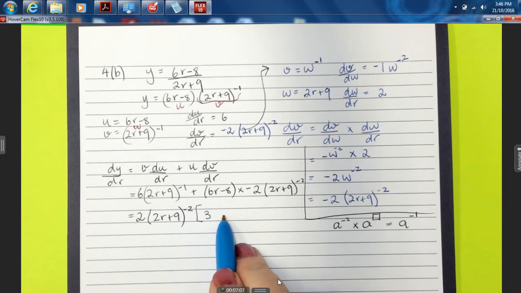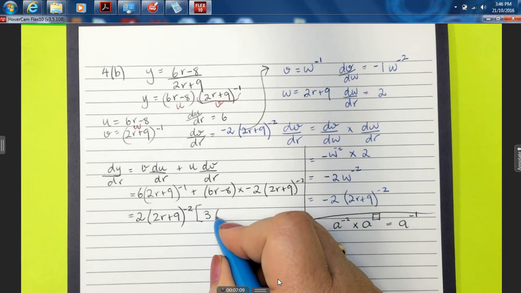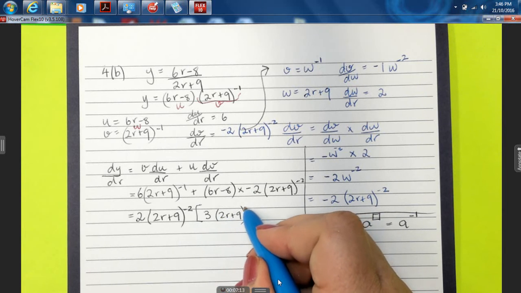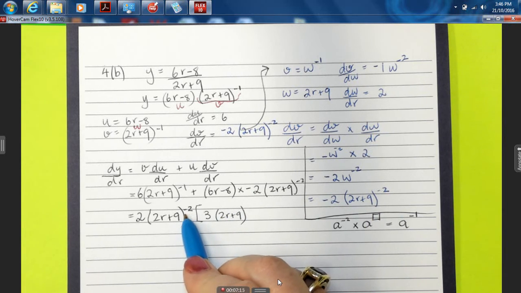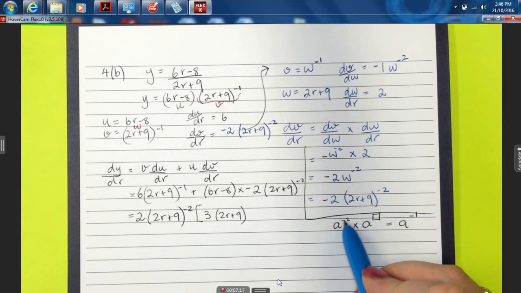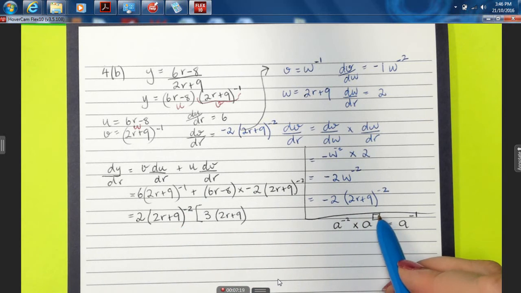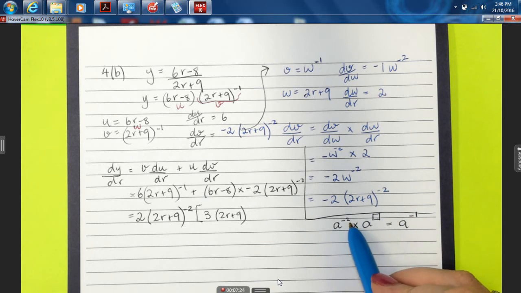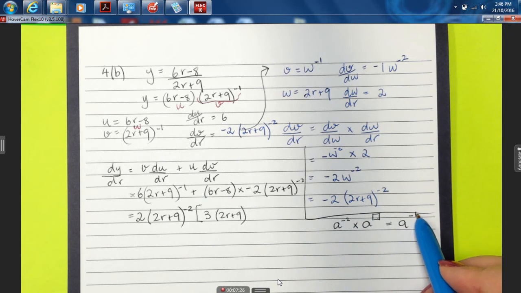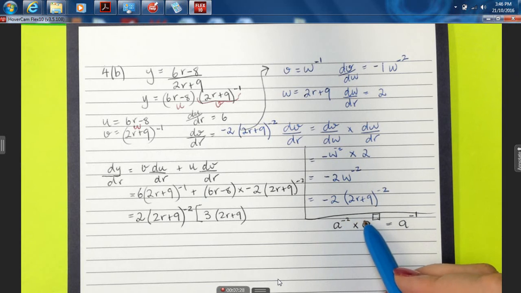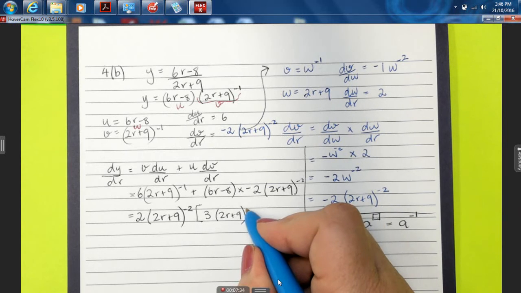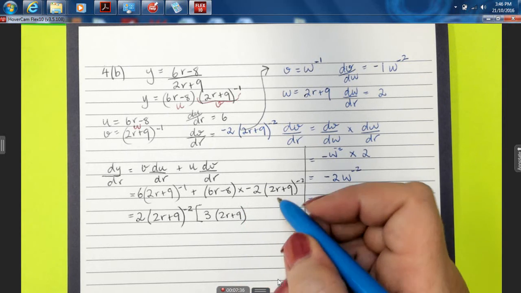This times this new factor, this is the unknown we have here. a^-2 times a to the what is a^-1? Well, our index laws say that we've got to add these two together to give this. So negative 2 plus what is negative 1? Well, negative 2 plus 1 is negative 1. So this has an invisible power of 1.